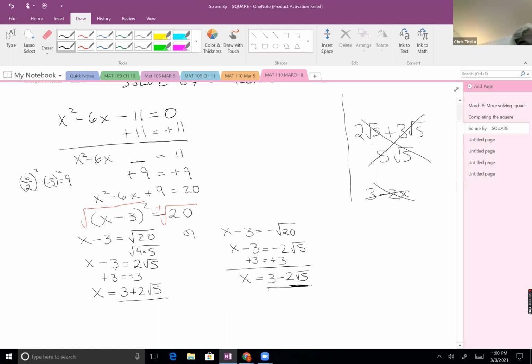So that gives me x minus 3 equals 2 radical 5. To solve for x, we have to add 3 to both sides, and I get x equals 3 plus 2 radical 5. On the other side, that negative radical 20 would simplify into negative 2 times radical 5. I'd still have to add the 3, and it gives me x equals 3 minus 2 radical 5.